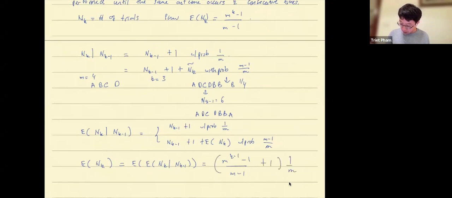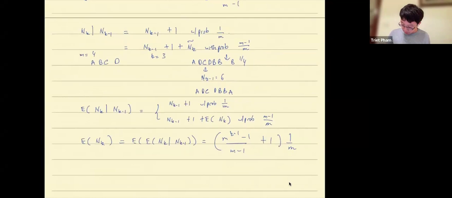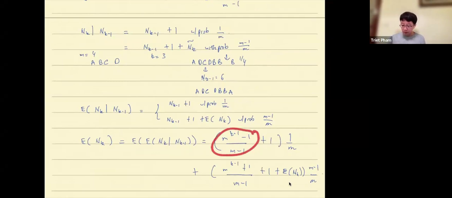Times 1 over M, and then plus (M^(k-1) minus 1)/(M minus 1) plus 1 plus expectation of N_k times (M minus 1) over M. And right, we use the induction hypothesis to replace N_{k-1} with that value. Any questions so far?